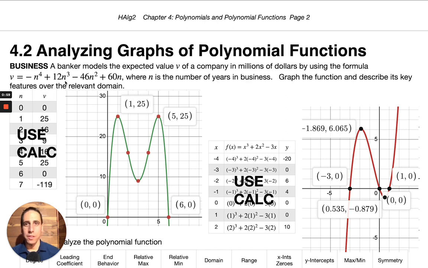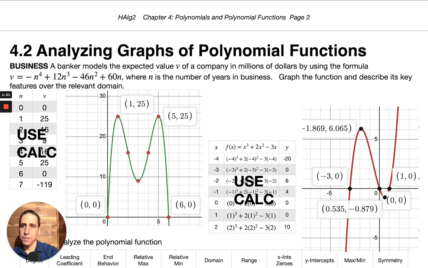I think you could put 0, 1, 2, 3, 4, 5, 6, 7 into this entire polynomial and take 5 to the fourth power and make it negative, plus 12 times 5 cubed, minus 4. That's just a lot of computation. Don't do this by hand. Use a calculator. We're going to focus our energies elsewhere.